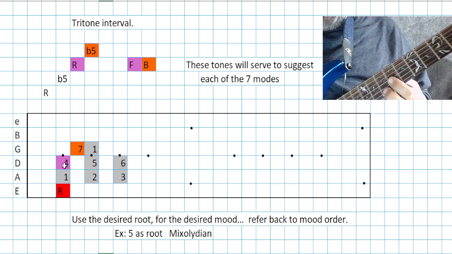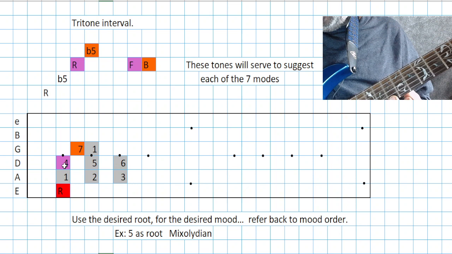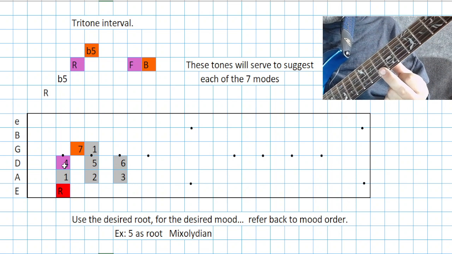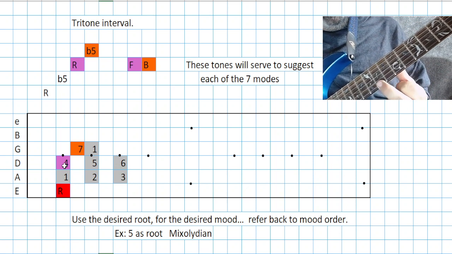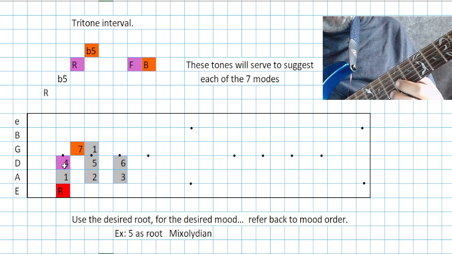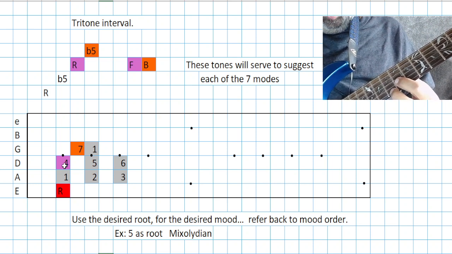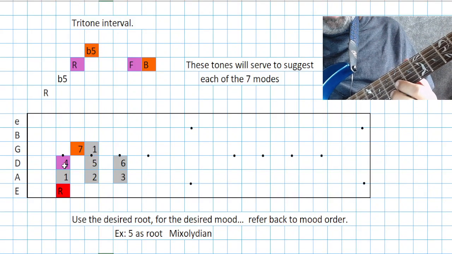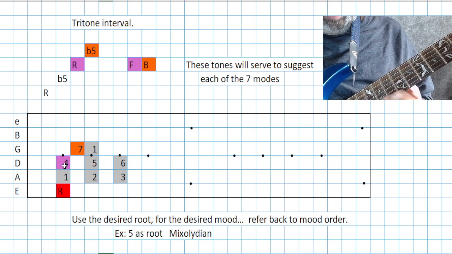The square would be shifted up, I'd be playing the top of the square on the E string here. There's my tritone on frets 9 and 10. So I would be here.